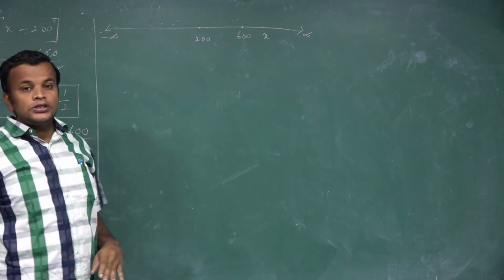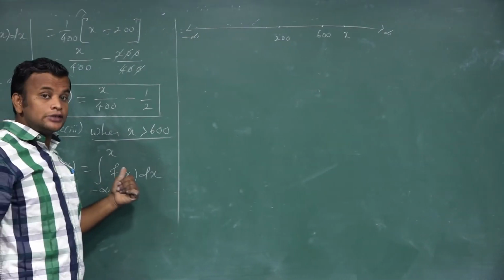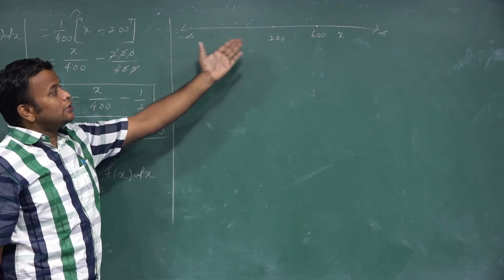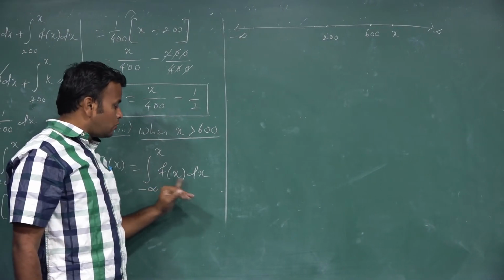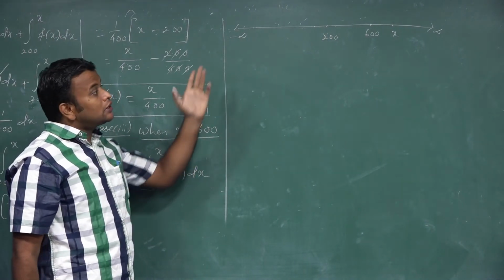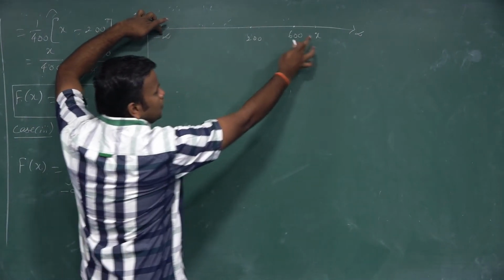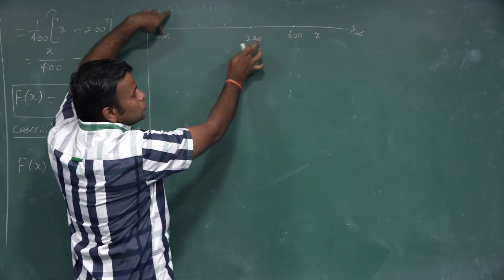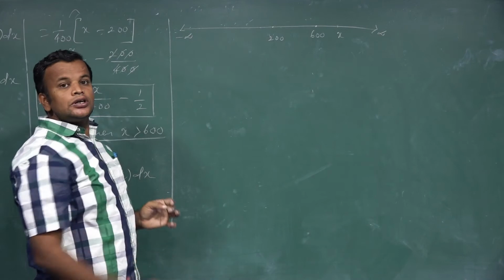Always capital F of x starts from minus infinity up to x. So this minus infinity to x is only one interval, and I split it into 3 intervals. I write minus infinity to 200, 200 to 600, and 600 to x.